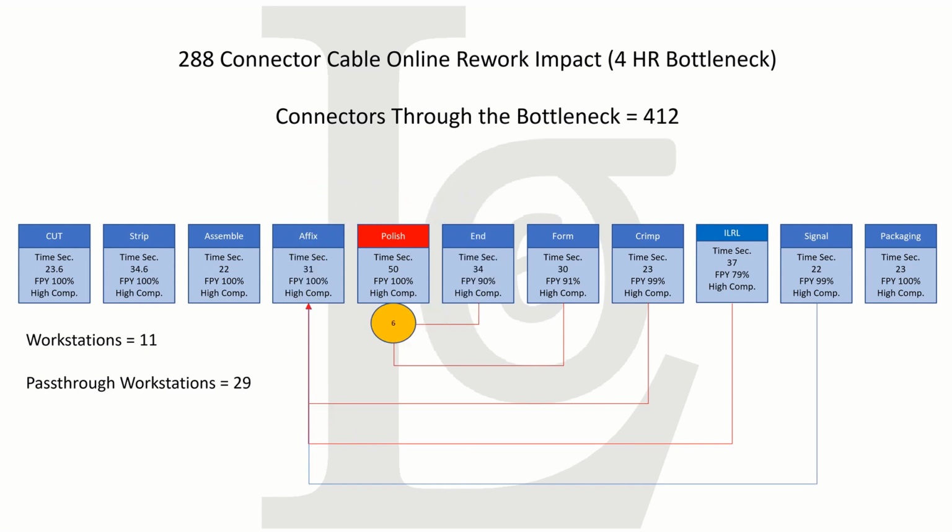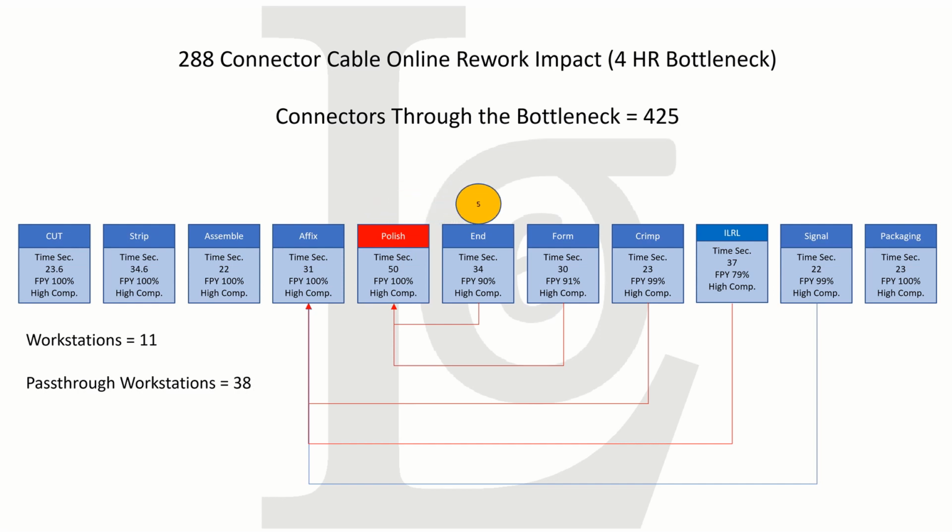Notice how now a few of those that failed at ILRL are failing at end. We've got 8 insertions, and a few more fail because of 90% yield. I've got 9 insertions. And then at form we get a few failures, so we have 10 insertions.